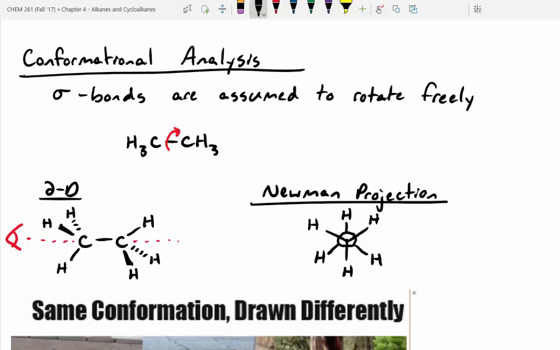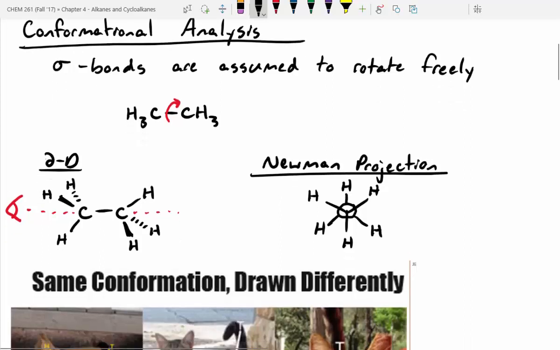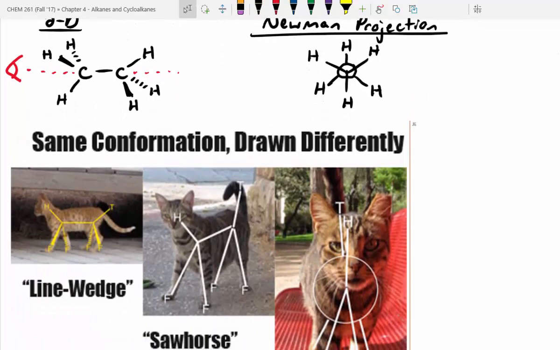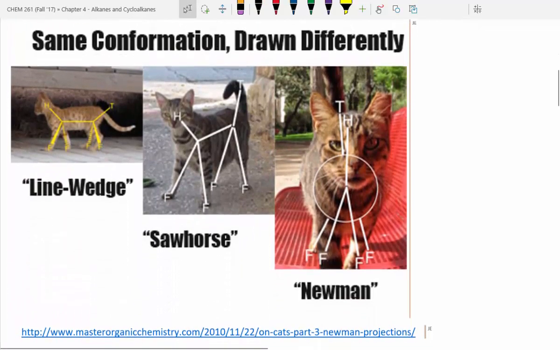This gets confusing for students, and if you haven't checked out this guy's website yet, he makes it pretty funny by having a bunch of cat analogies. So he has joke after joke about cats on his website. He says you can draw a cat using line wedge formula where he's got the dashes and wedges. You can draw it with the sawhorse projection, which is the same thing.